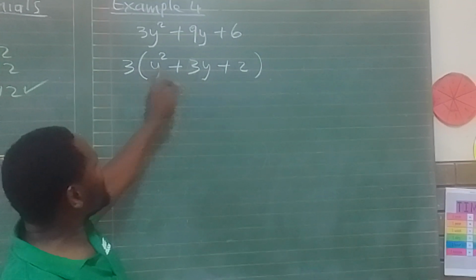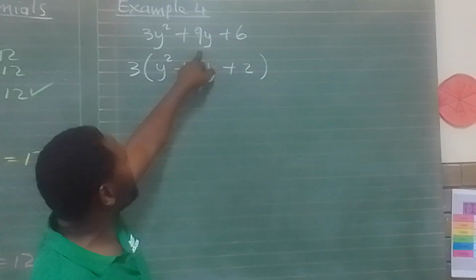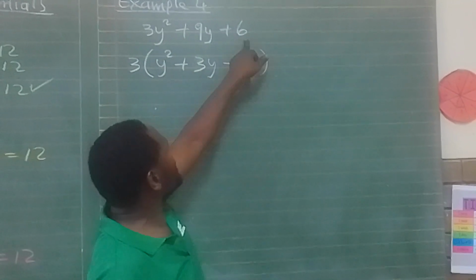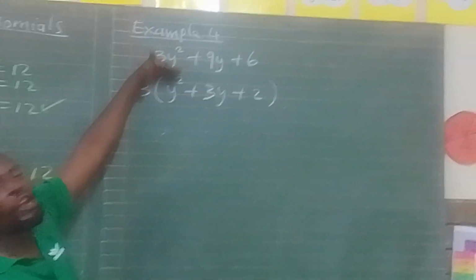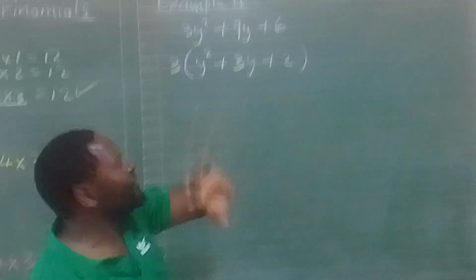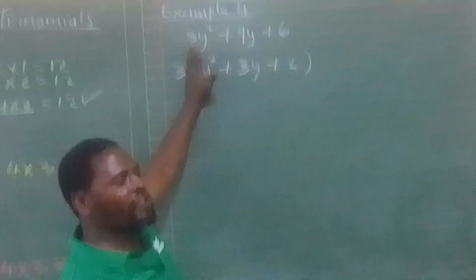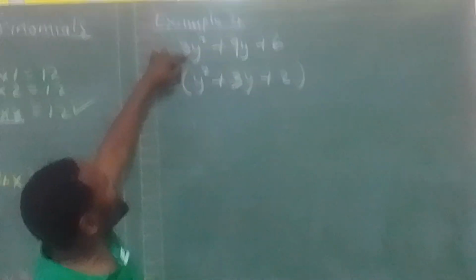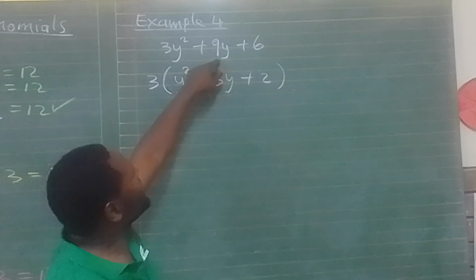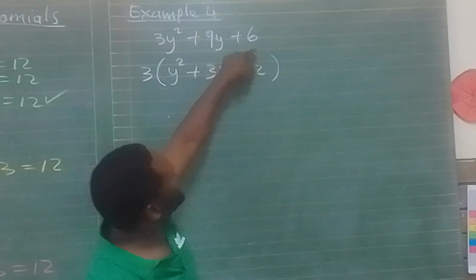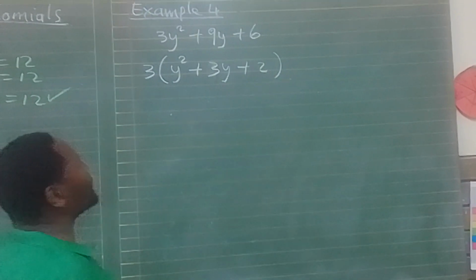There are 3, such that when you multiply 3 by 3, you get a 9. 3 times 2 is 6. Rather, someone else can say you divide by a 3, but you don't divide to take out a common factor of 3. Right, divide 3y squared by 3 to get a y squared. Divide by 3 here, you get a 3y. Divide by 3 here, you get a 2.